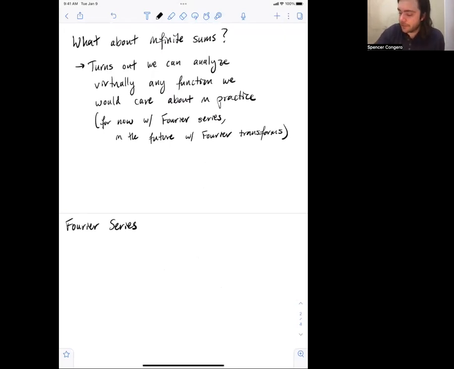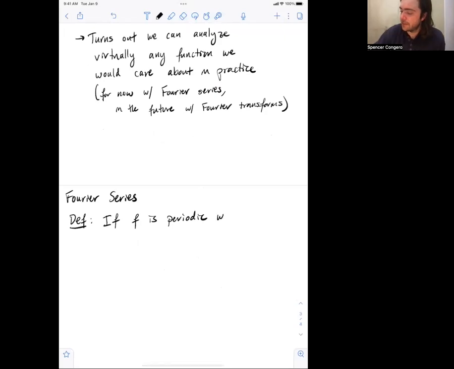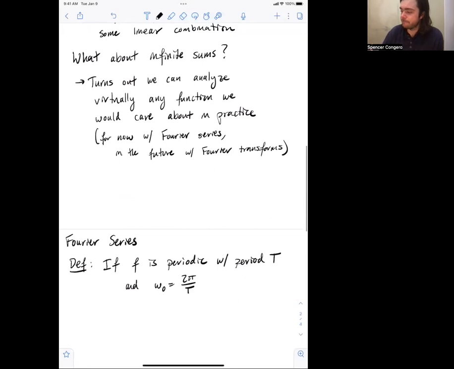This is just for periodic functions. So if f is periodic, that's a really big attribute of Fourier series, with period T, and omega naught is going to be 2 pi over T.